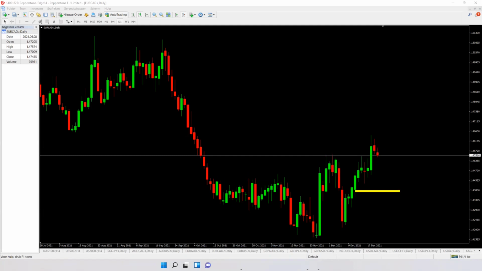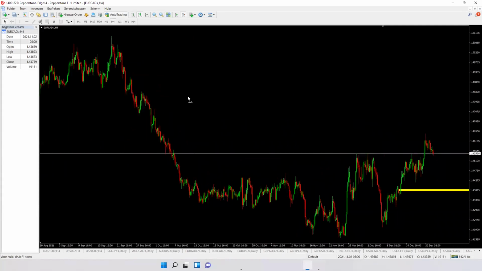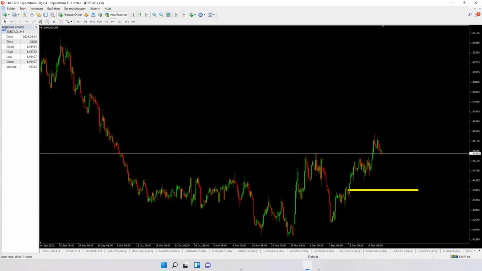That confirms that this is accumulation, because we know that prices like to break and retest, and especially like to retest the origin. And this is the origin. This is the last bit of resistance made before the impulsive move. And price tends to retest those areas and then move up, especially after confirmation that this is accumulation.